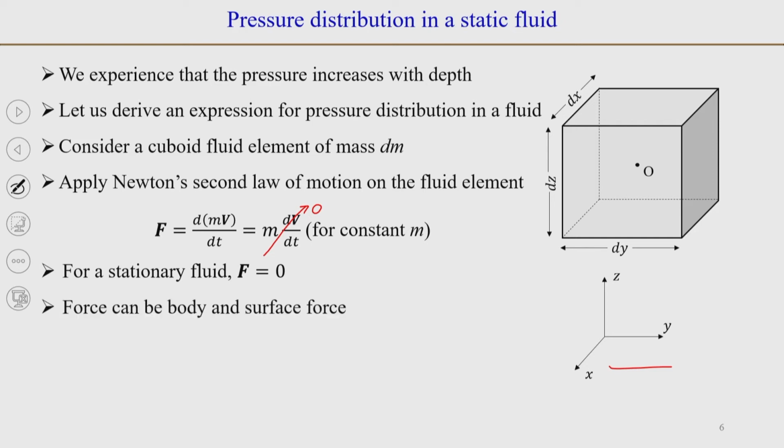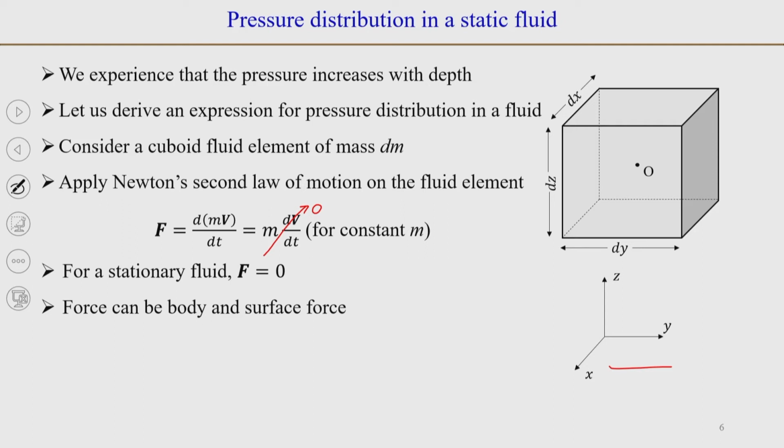Now, we talked about earlier that on a fluid element, we will consider two kinds of forces, body force and surface force. In general in fluid mechanics problems, when we talk about body force, it will be gravity force, and when we talk about surface force, they are pressure and viscous forces.